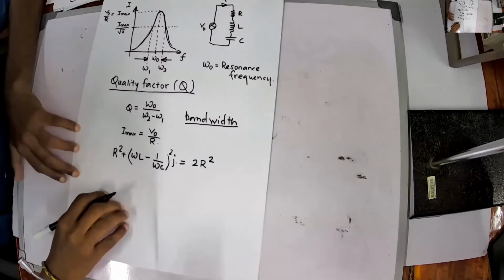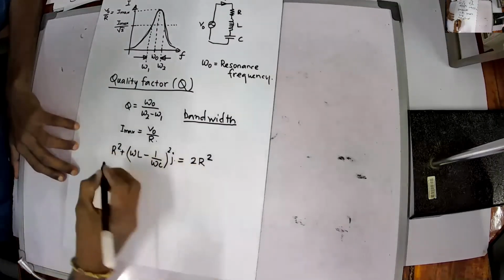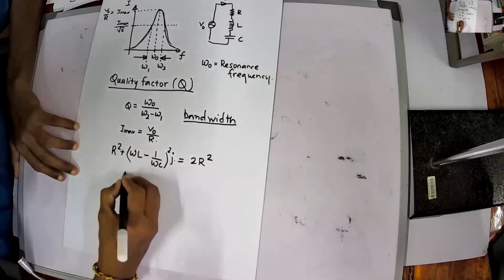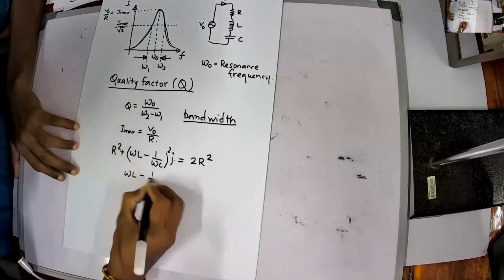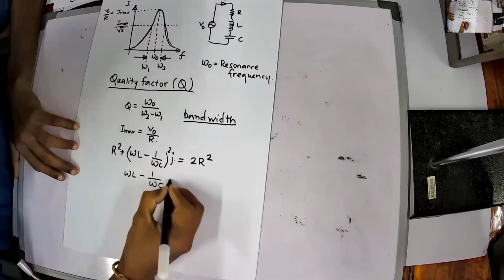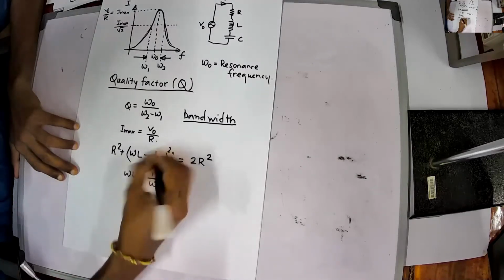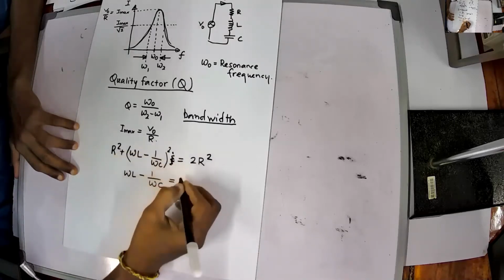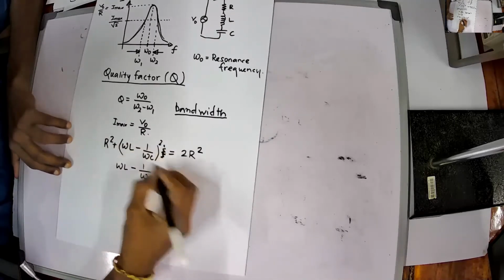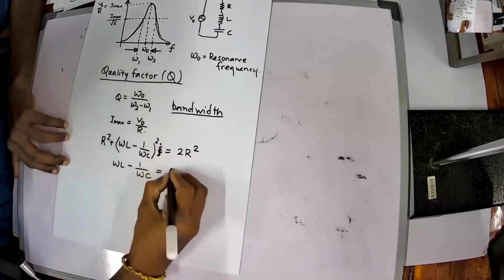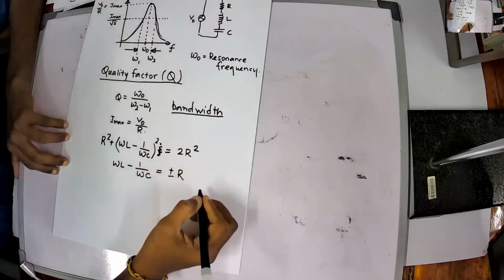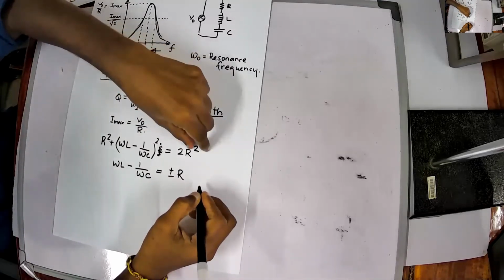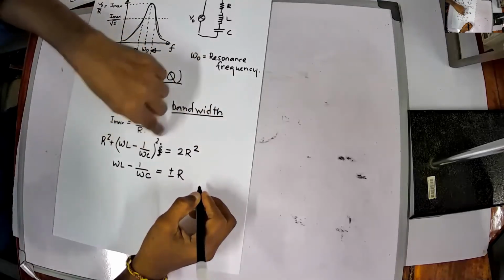Now I can simply write this as, I can bring this R to the other side, so 2R becomes R. So I can write omega L minus 1 over omega C equals, J will not be there because I am writing the mod value, so plus or minus R. So when you move this, this becomes R squared and omega L minus 1 over omega C squared.